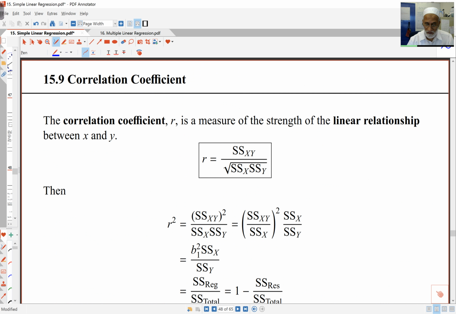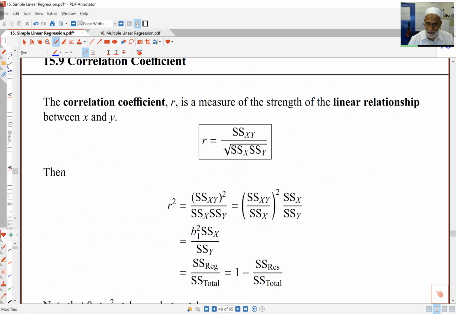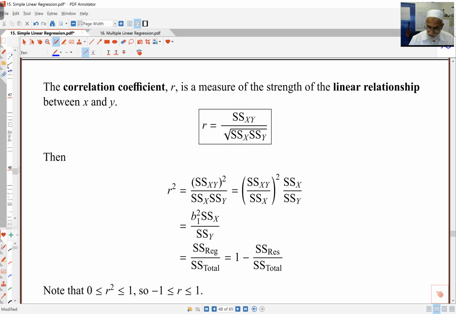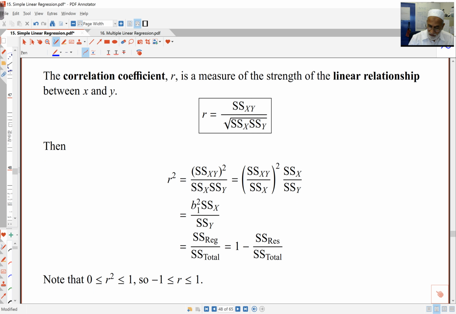And finally, correlation coefficient. We saw this before. This is essentially a measure of the strength of linear relationship. So essentially, R squared is 1 minus the residual sum of squares over the total sum of squares. Now, if the residual sum of squares is large, that means that R squared will be close to 0.